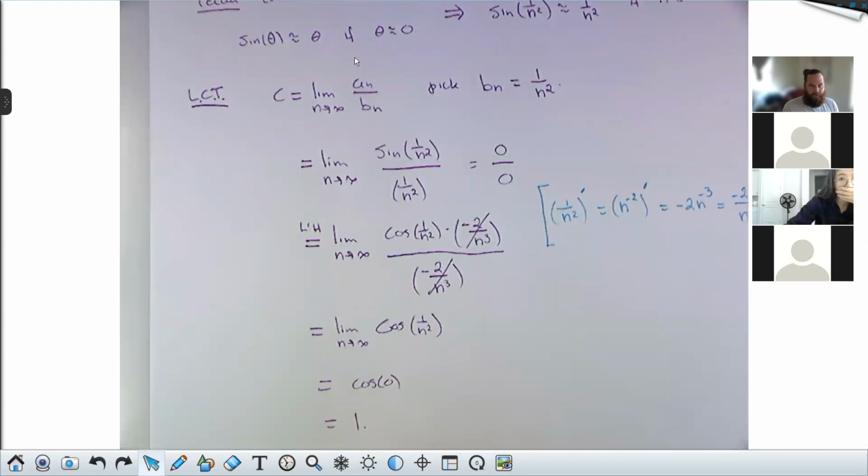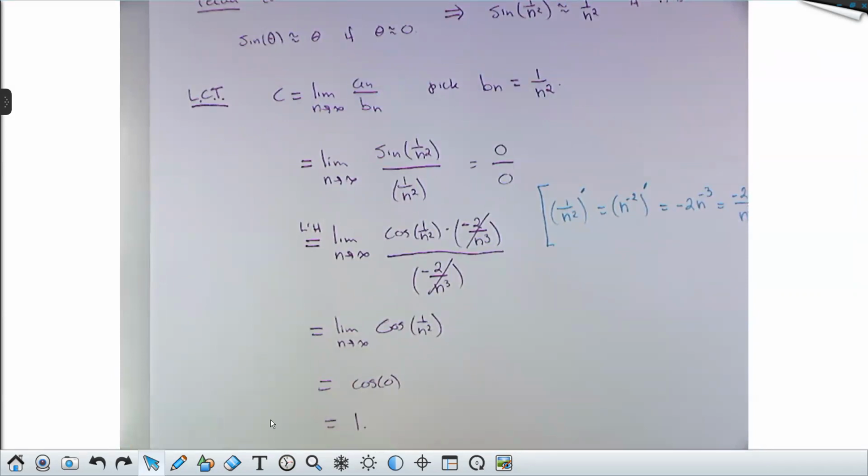So what we've learned here is that if you choose bn to be 1 over n squared and you calculate the limit from the limit comparison test, that number c comes out to 1. What does that tell me? What can I conclude? Very good.